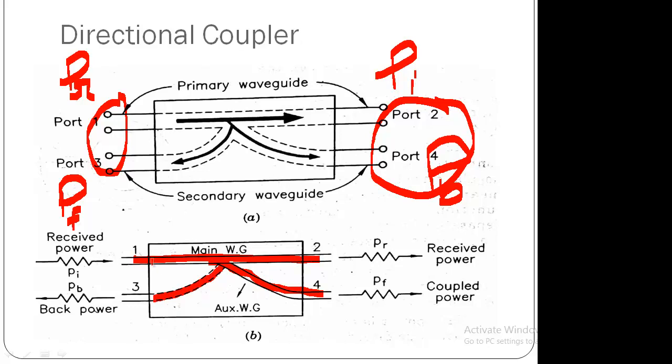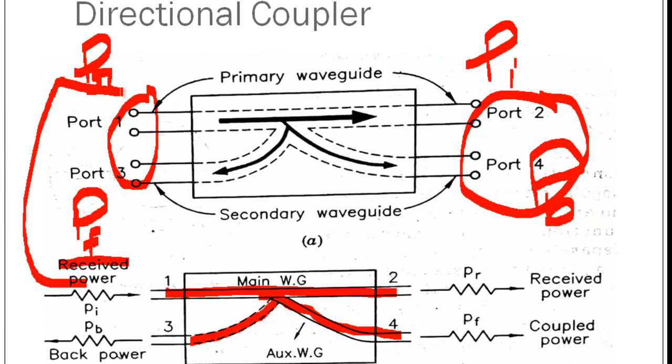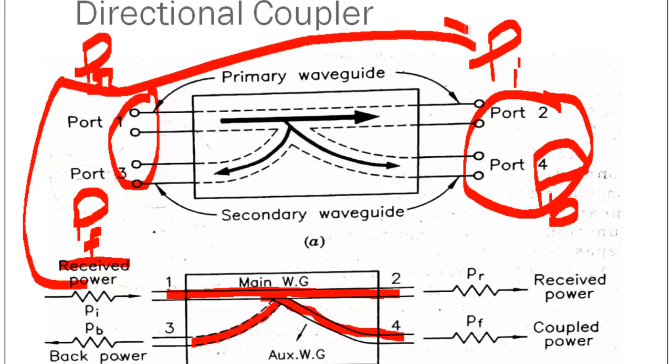So the power which is inputted at port number 1 will be known as the incident power. This is the input power, this is the received power PR, right? This is your PF, that is forwarded power or coupled power. This is your PB, that means the back power, right?